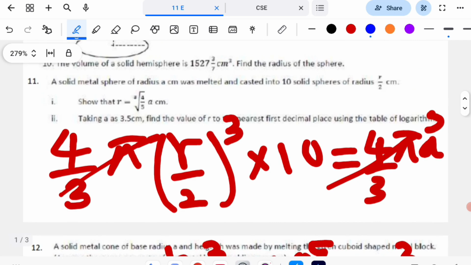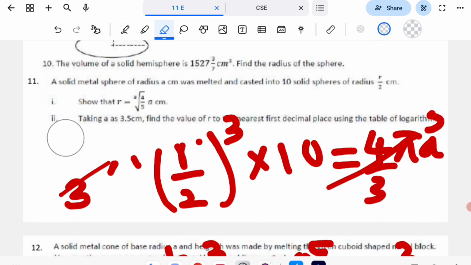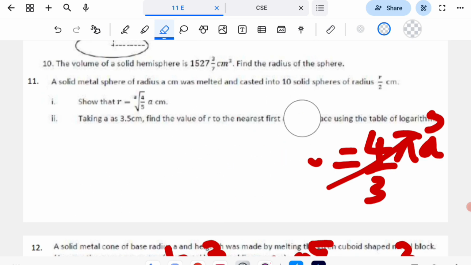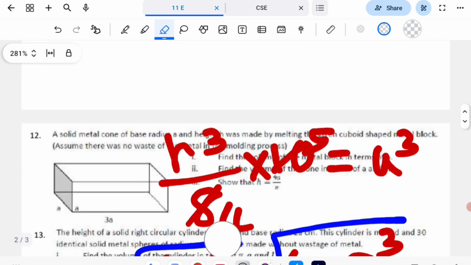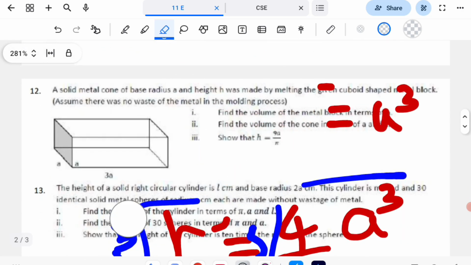Then part 2. Taking a as 3.5 centimeters, find the value of r to the nearest first decimal place using the table of logarithms. a is 3.5.